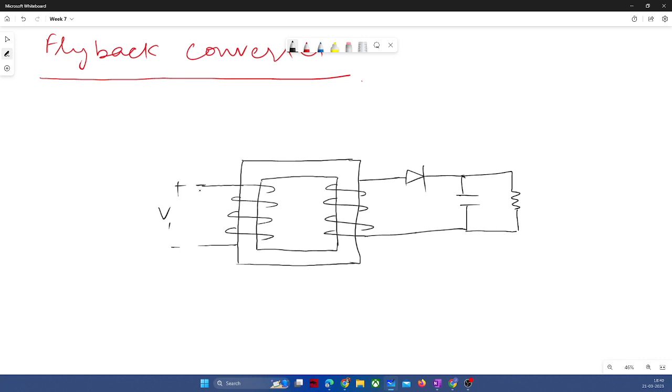Sir, is there any relation which explains that when frequency increases, the size of the transformer or inductance comes down, or is it just that X equals 2 pi f L? Yeah, so there are certain derivations by which you can visualize how size gets reduced when we use higher frequency.